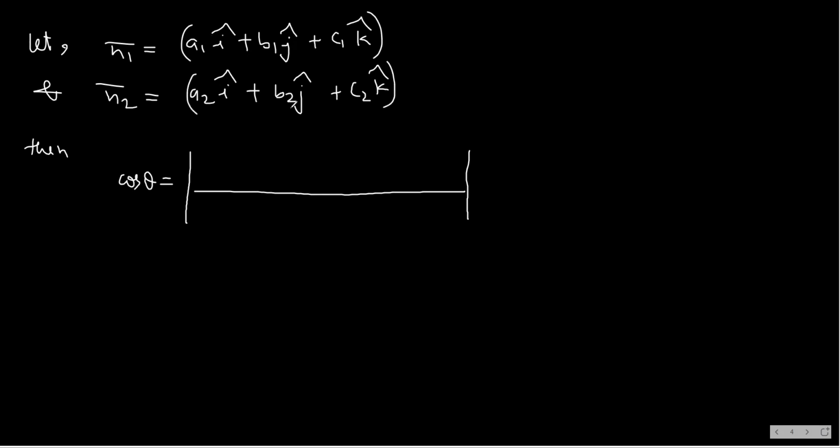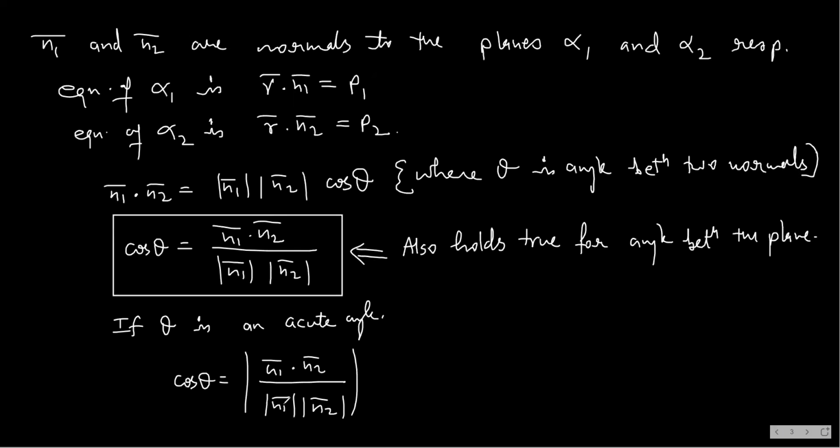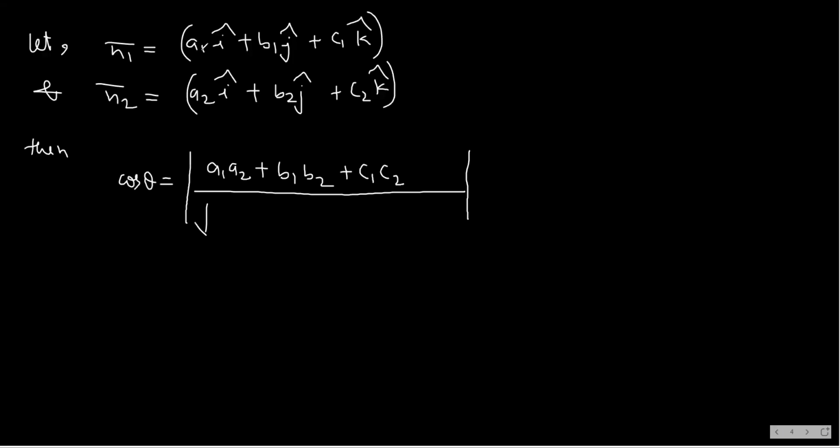Now you know the dot product of these two, you will get a1 a2 plus b1 b2 plus c1 c2 in the numerator, and in the denominator you have mod of n1 bar, which is square root of a1 square plus b1 square plus c1 square, and square root of a2 square plus b2 square plus c2 square.